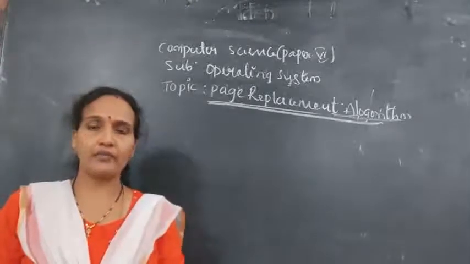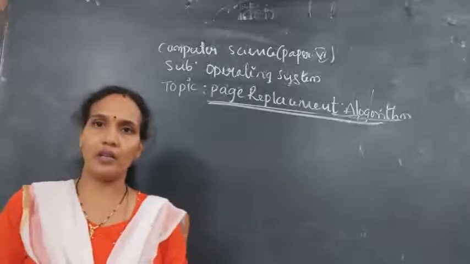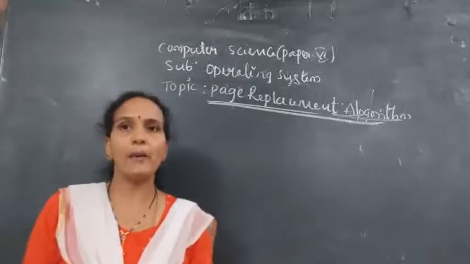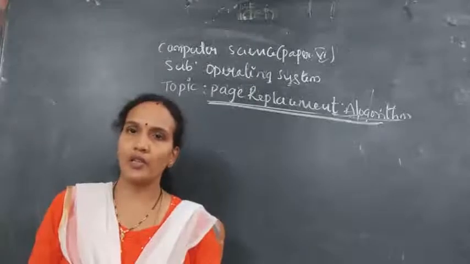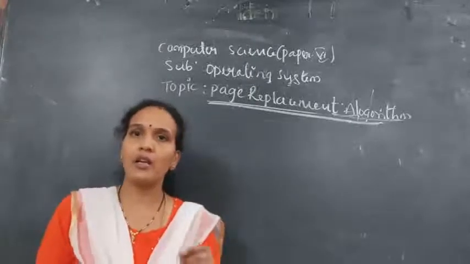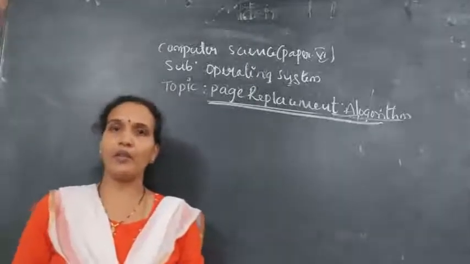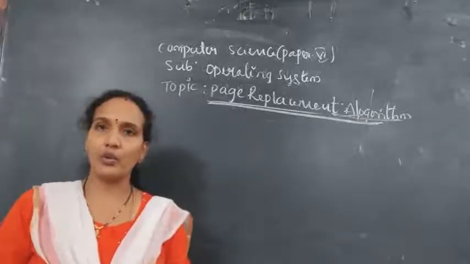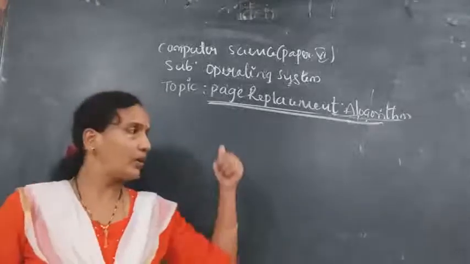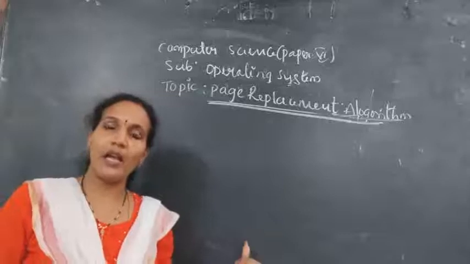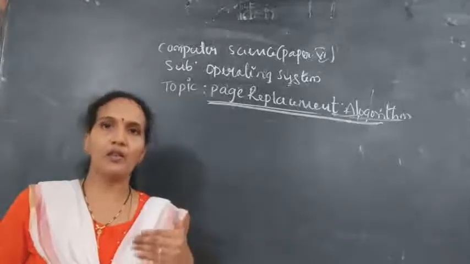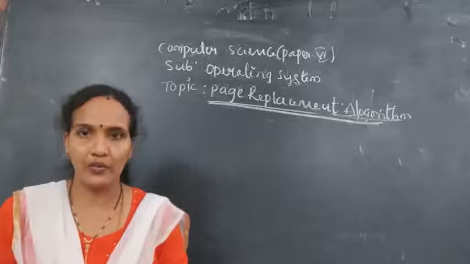You need to select an algorithm which minimizes the number of page faults. Understood? What is the use of a page replacement algorithm? It uses different techniques to replace the pages in the main memory and to minimize the number of page faults.